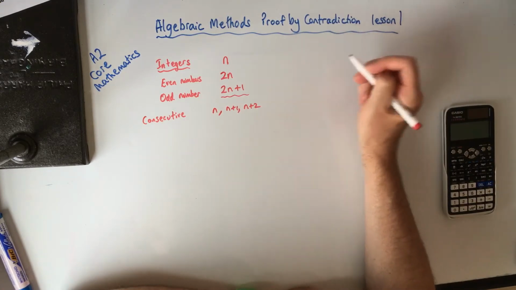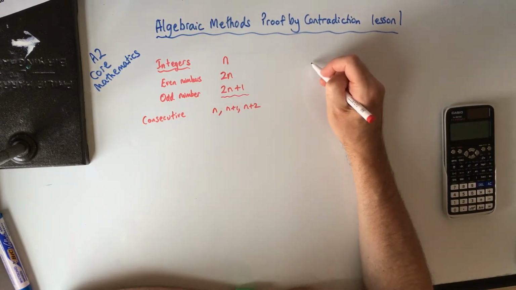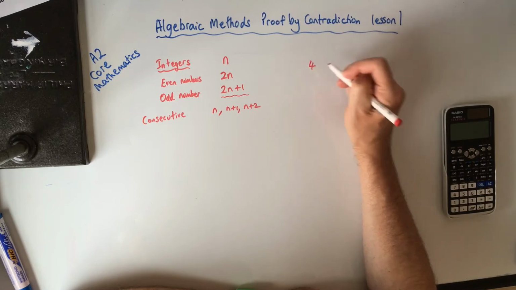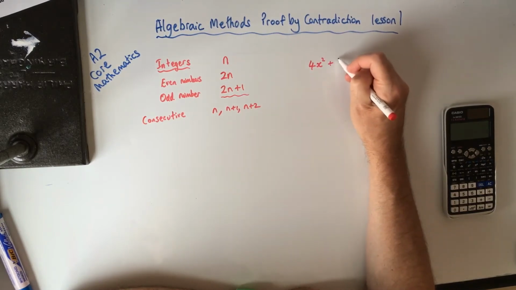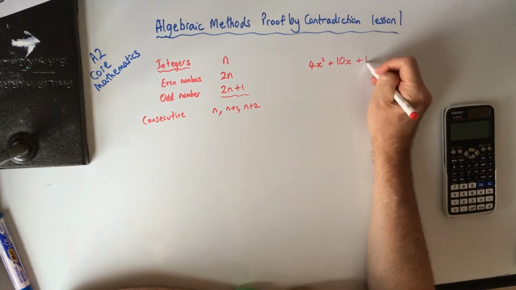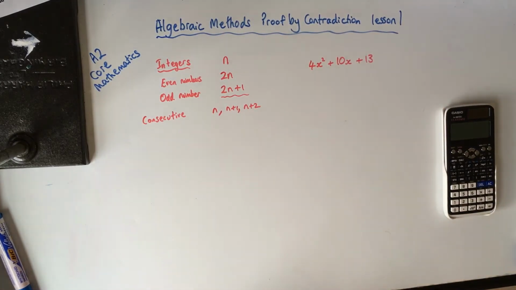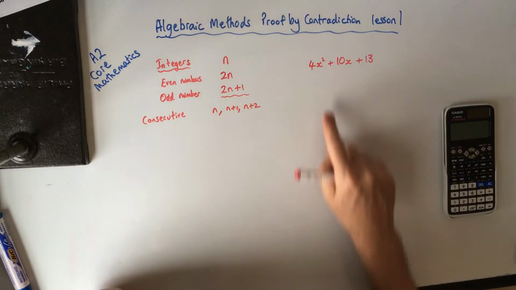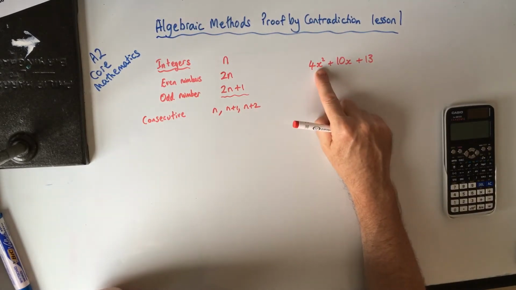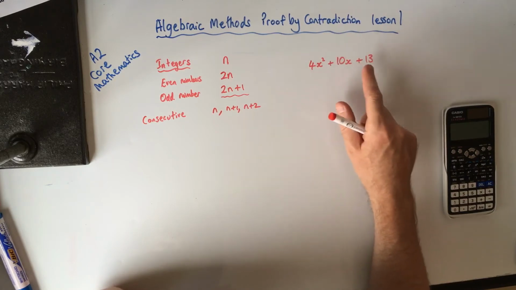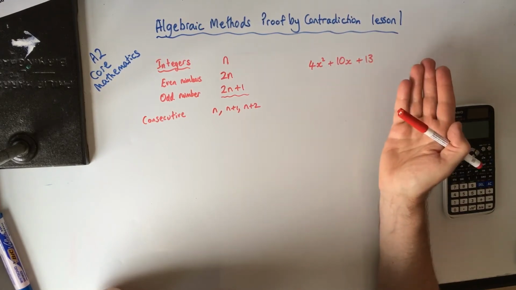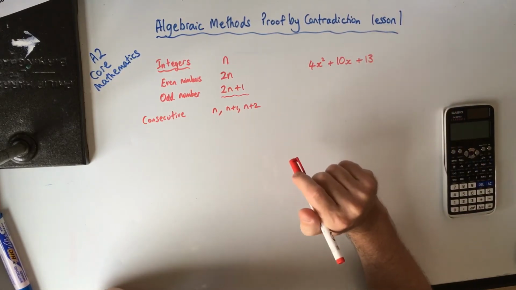If you had an expression, let's just make something up, a quadratic expression, 4x squared plus 10x plus 13. We've got a quadratic expression, and obviously if we put an integer in there for x, is this going to give us always an odd number, an even number, or an odd or an even number?